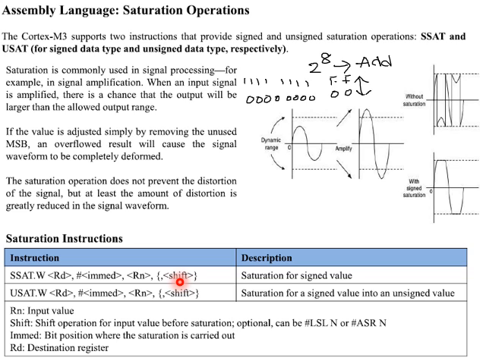Rn is the input value. Shift can be logical, which means left shift, or arithmetic, which is right shift. Rd is the destination register, so whatever values are being used will be stored in the destination register.